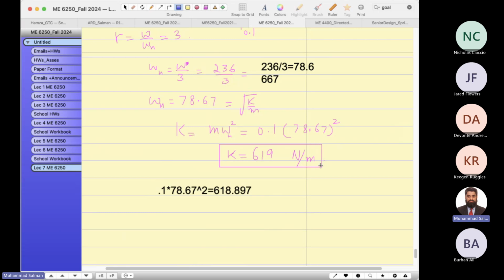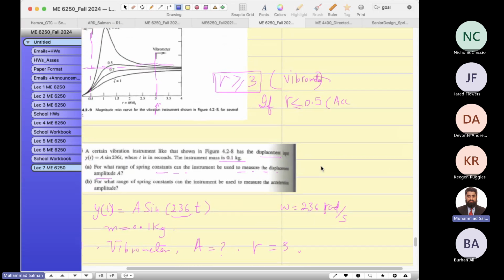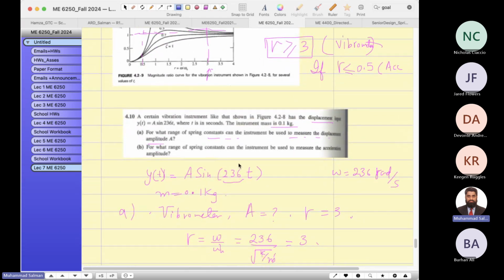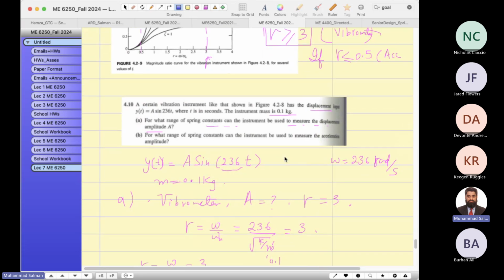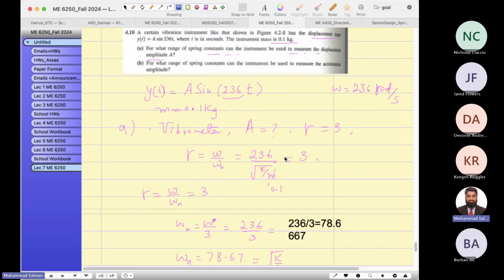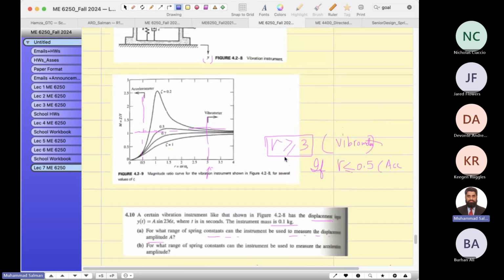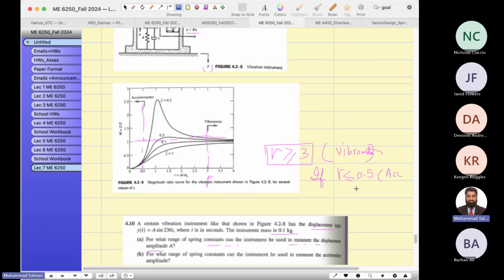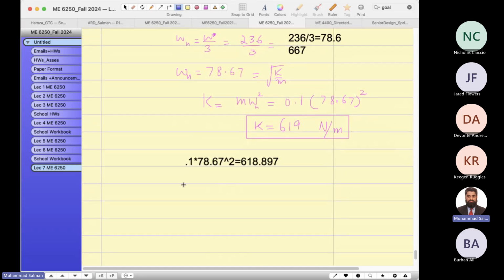Okay, now find out the stiffness value when it behaves like an accelerometer. What should be the R value for an accelerometer? It should be equal to or less than 0.5. Agreed? So we know that for the instrument to behave like an accelerometer, R should be equal to or less than 0.5.